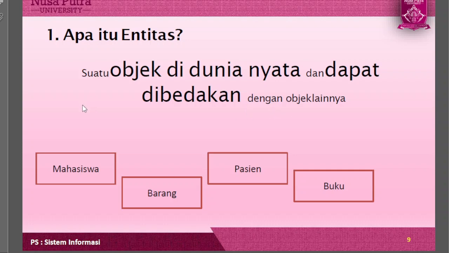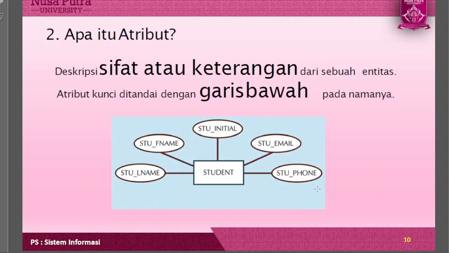In Indonesian, objek di dunia nyata, and it can be differentiated from other objects. For example, mahasiswa can be called an entity. Barang or product is called an entity. Fashion, books, entity.